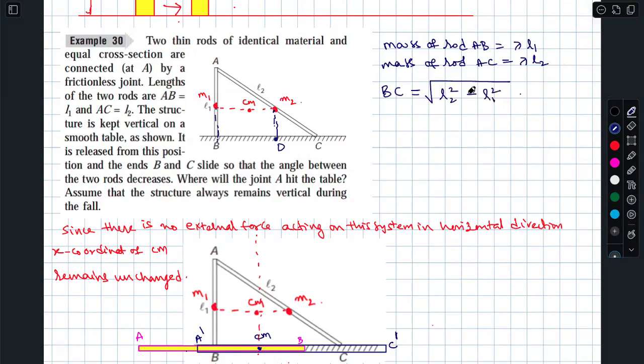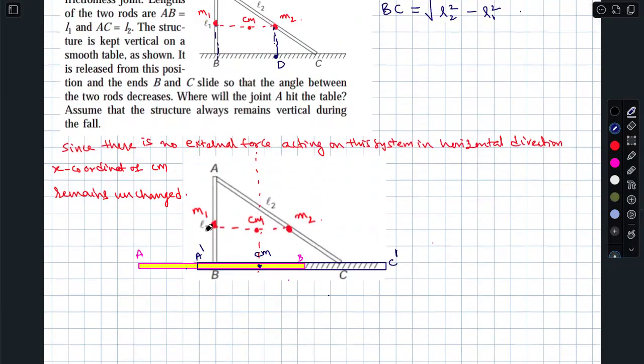Agreed. Now tell me, I am assuming this end shifted by some x, or the center of mass location, this particular point, shifted by x. I am assuming like that.